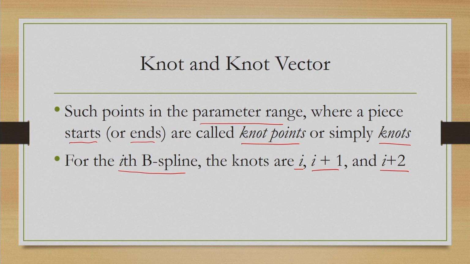Now, each B spline is defined within a range, that range is subdivided for each constituent piece of a B spline. Now, where a piece starts or ends are called knot points or simply knots. For the ith B spline, we can define the knots as i plus 1 and i plus 2.